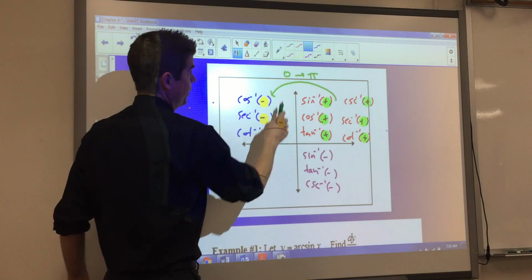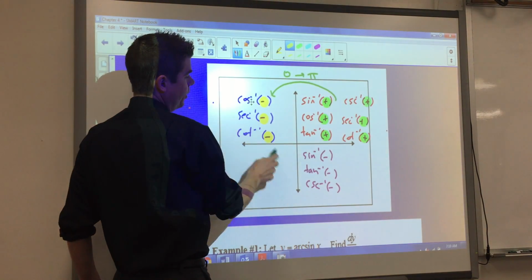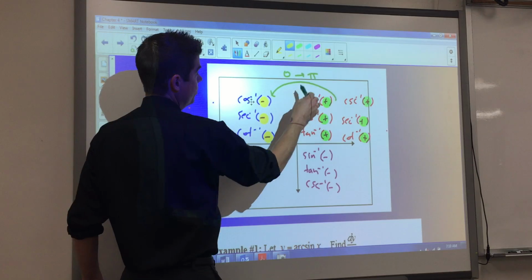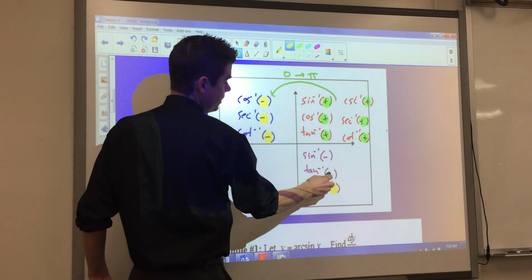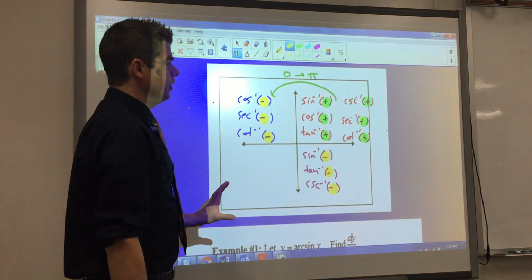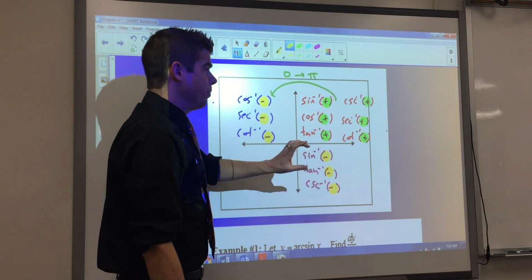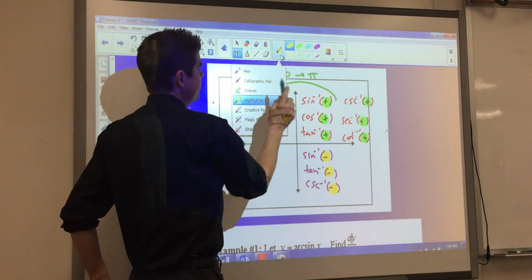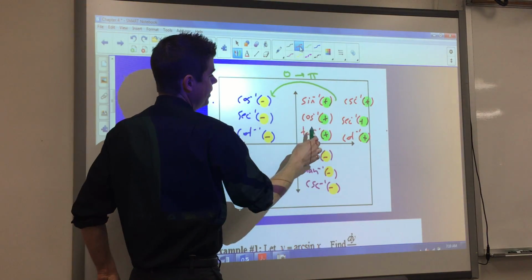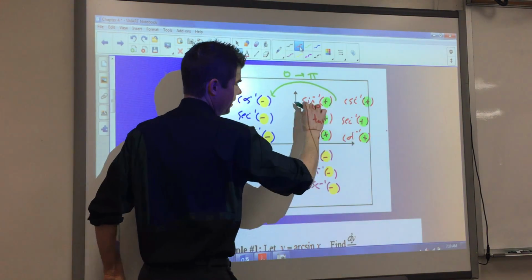The other three trig functions, so if you are inverse sine, inverse tangent, or inverse cosecant, and you have a negative ratio, you're going to put those down in quadrant 4. But what you have to be careful of is the way that these are defined, you want a continuous set of angles.